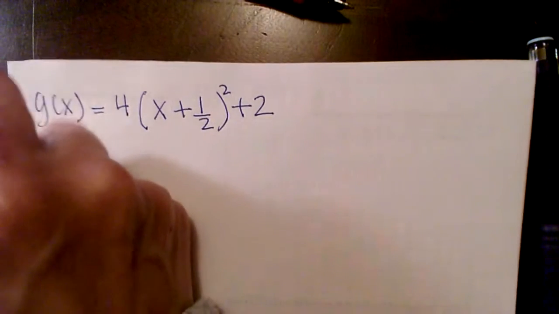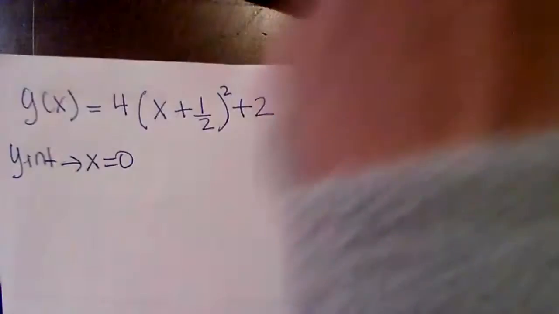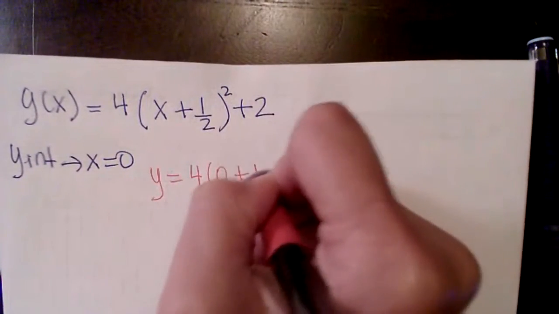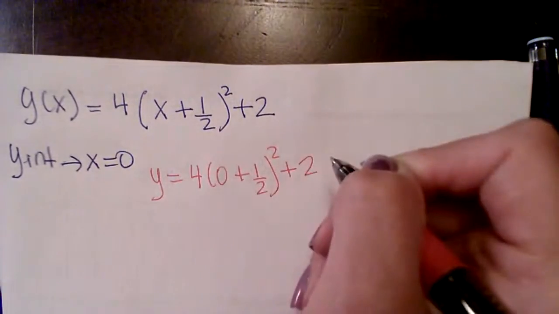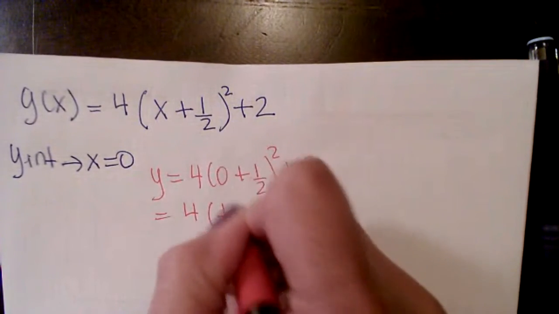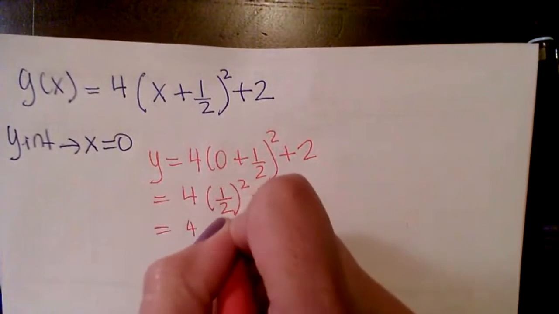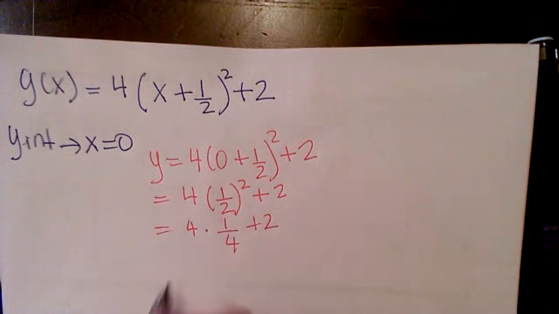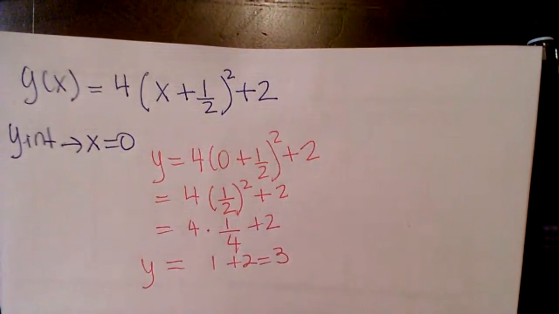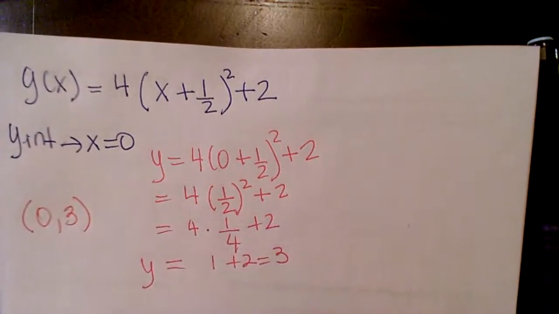So we're going to find the y-intercept. That's when x is equal to 0. So it's going to be 4 times 1/2 squared, so this is 4 times 1/4 plus 2. This is going to be 1 plus 2, 3. So when x is equal to 0, y is equal to 3.